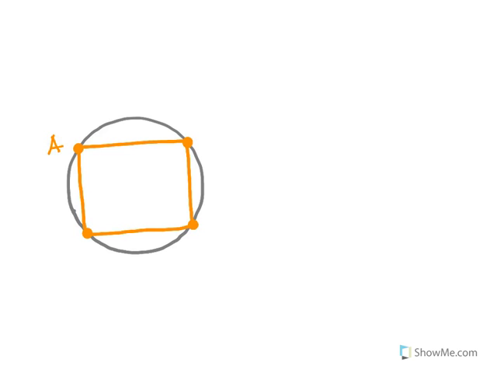So here is ABCD. It is a cyclic quadrilateral. Now the diagonals pass through the center. So here we have the center.